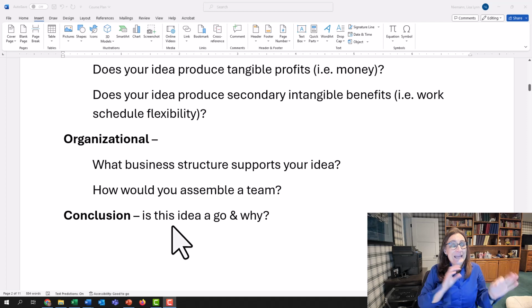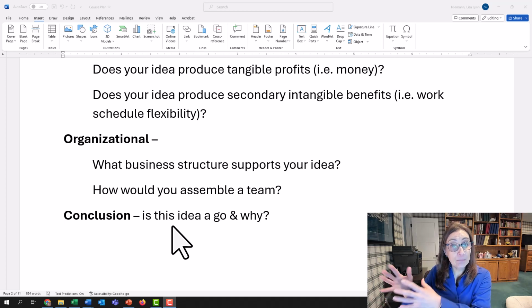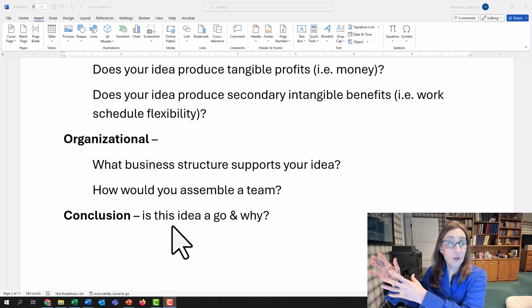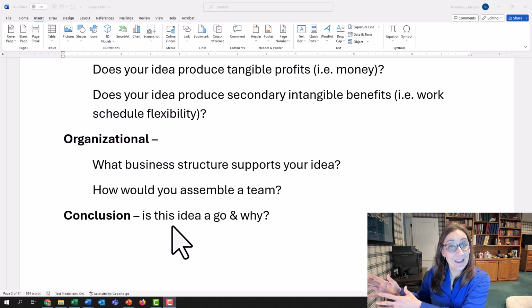So, ideation and feasibility studies are the quick, down and dirty, getting an idea, is this going to work? Before you invest a bunch of money and time into creating a business plan or coming up with a minimal viable product, MVP, or buying assets.